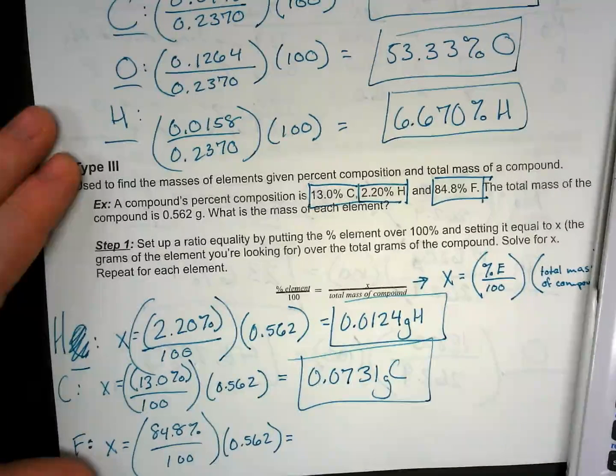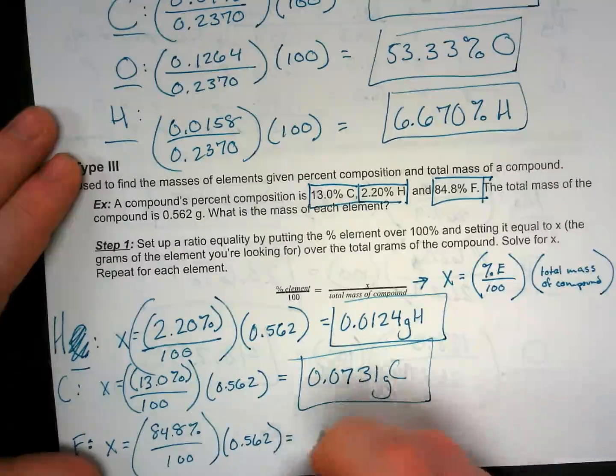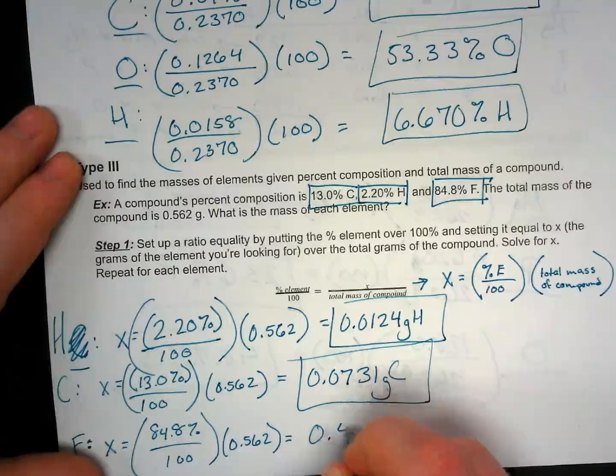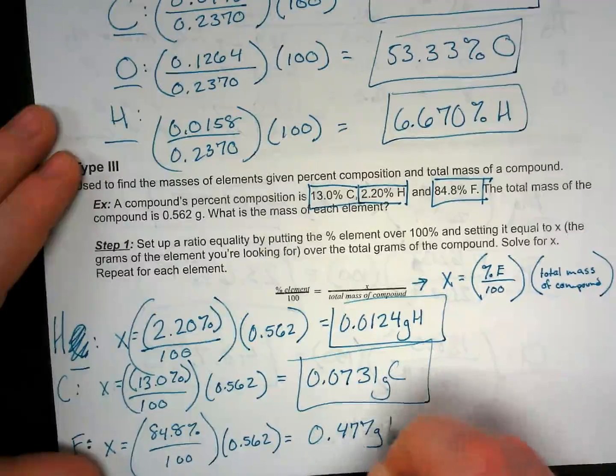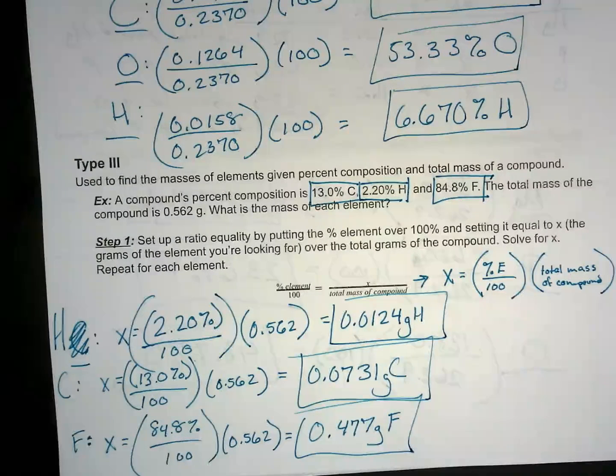And then we've got the mass of our carbon, and then for fluorine, it's going to be 0.477 grams of fluorine. So we're keeping sig figs. We are clearly identifying the particular substance that we are calculating for. All that good stuff.